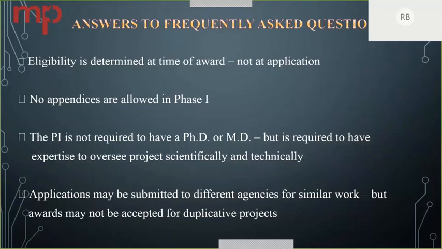Applications may be submitted to different agencies for similar work, but awards may not be accepted for duplicative projects. If you submit an application to 2 agencies and both of them give you an award, you've got to go tell one of them that you got an award from another agency for the same thing. I'm going to take theirs and not yours.